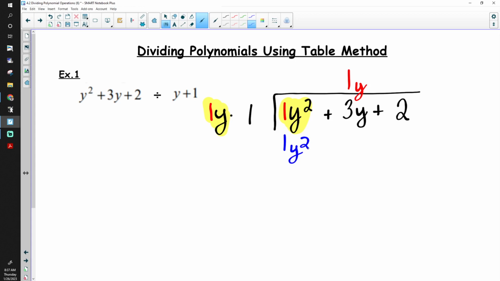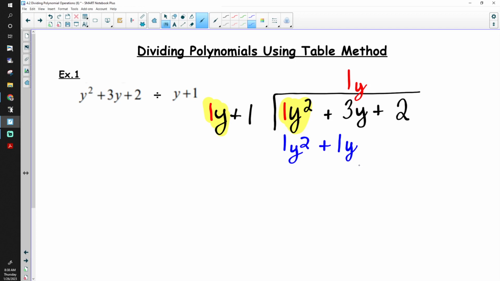Okay, now I can't just multiply 1y by 1y. What do I also have to multiply it by? 1. The 1. Okay, you can't just multiply half of this by 1y, you have to multiply the whole thing. 1y times 1 gives me plus 1y. Okay. So what have we done so far?